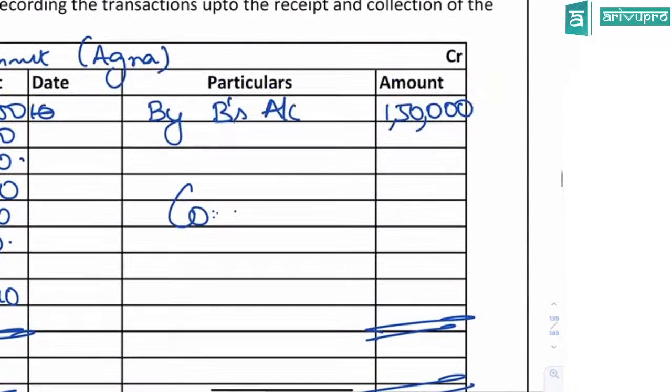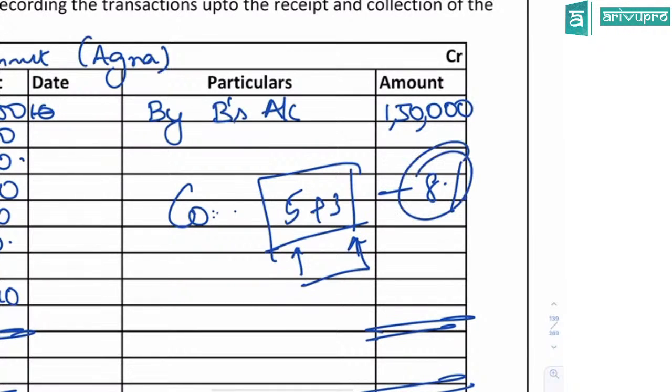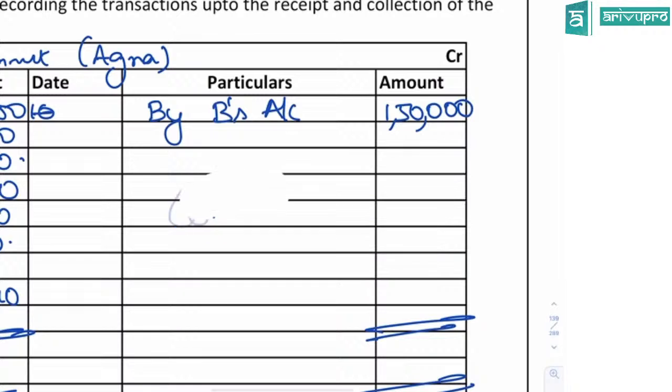Sir, that's why if you see, they have given him a total commission of 5 plus 3. The total commission is 8%. Normally you would have got 5. They increased it to 8 and said, boss, you take care of bad debts. I am not going to be in charge of bad debts.